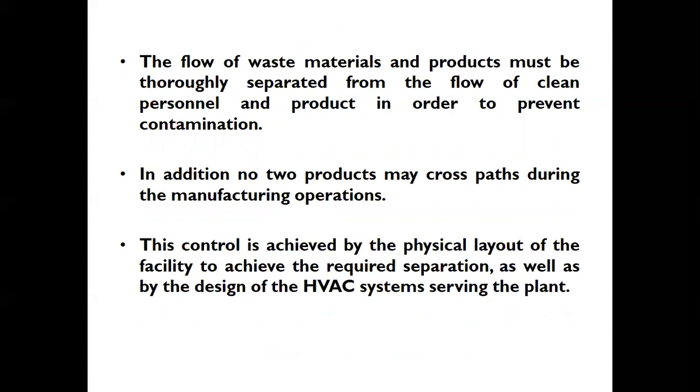In addition, no two products may cross paths during the manufacturing operations. This control is achieved by the physical layout of the facility to achieve the required separation, as well as by the design of the HVAC system serving the plant. HVAC means heating, ventilation and air conditioning system, which is providing the air which is free from the particulate matter as well as with the desired relative humidity.